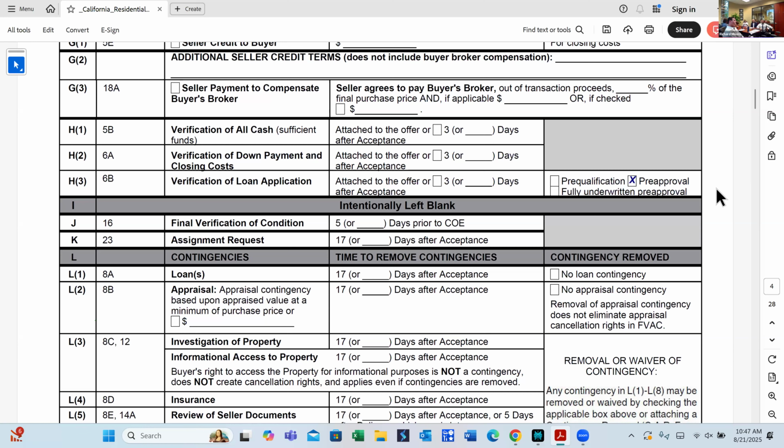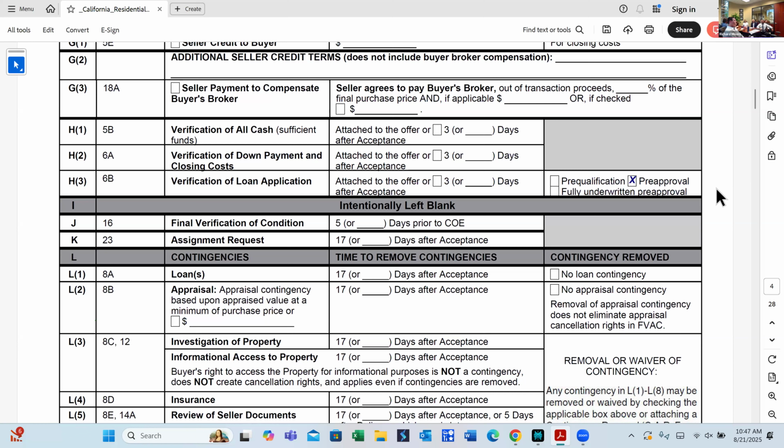So don't check the box saying 3 days after, because if I check the box, I'm going to submit the offer and I'm telling the listing agent and the seller that once we have an accepted offer, then I'm going to provide you documentation that I have money to pay all cash. Now, why would anybody accept an offer, unless they're foolish, without any documentation that the buyer has the money? So the default is you're attaching that documentation.